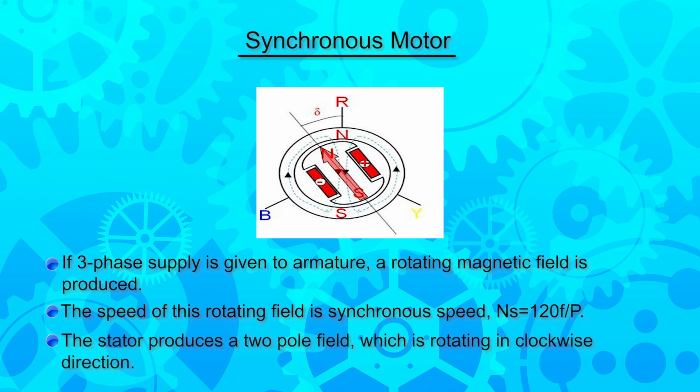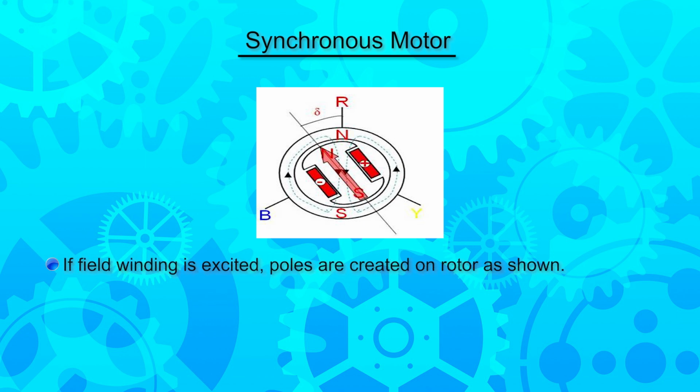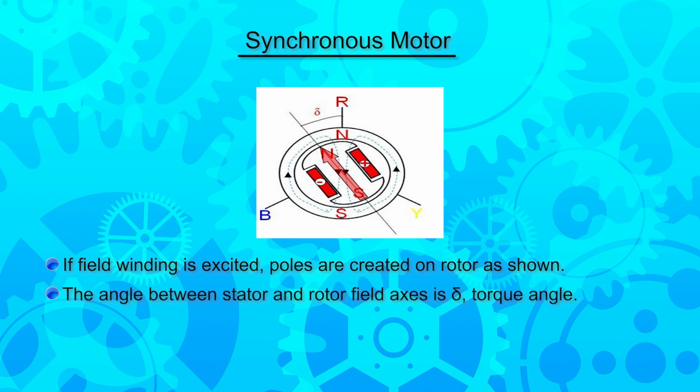The stator produces a two-pole field which is rotating in the clockwise direction. If the field winding is excited, poles are created on the rotor as shown in the diagram. You have the north pole and south pole there. The angle between the stator and rotor field axis is this angle delta, and we call it the torque angle.